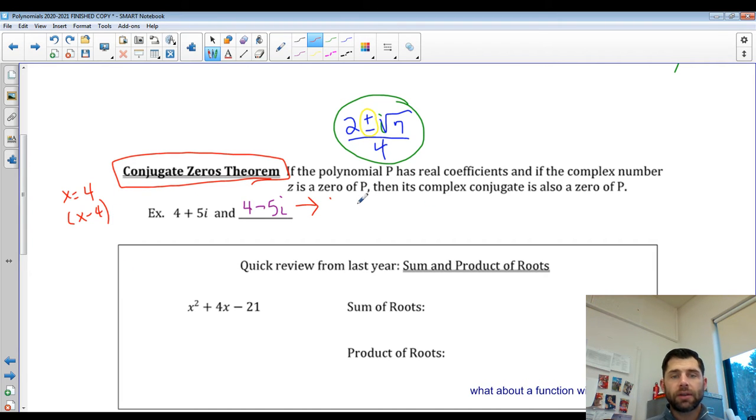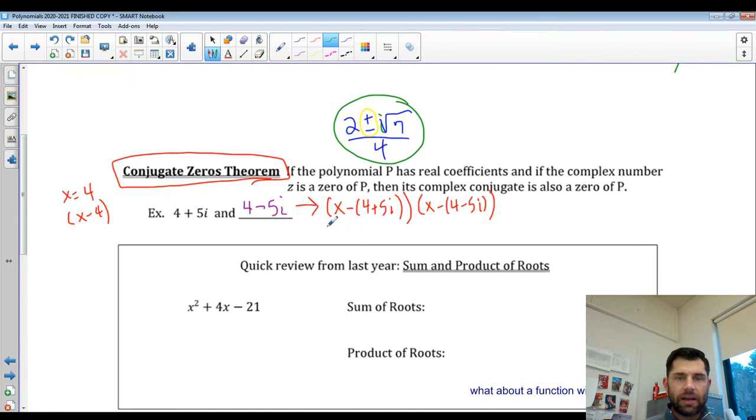So if 4 plus 5i is the root, then x minus 4 plus 5i is the factor. And if 4 minus 5i is the root, then x minus 4 minus 5i is the factor.